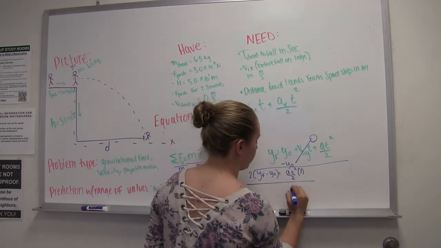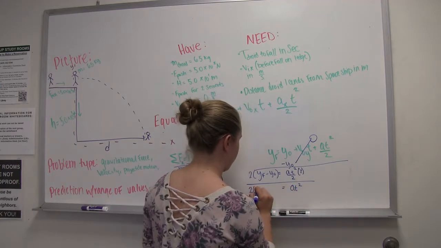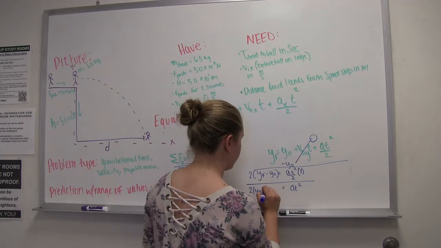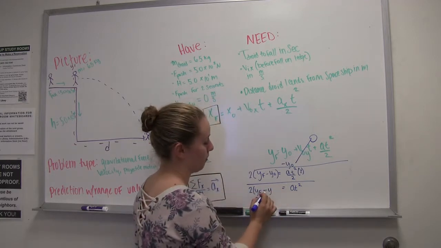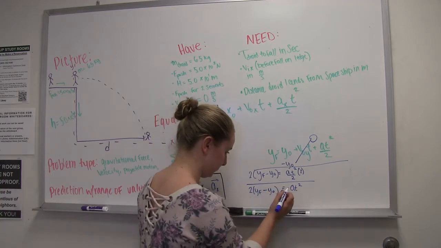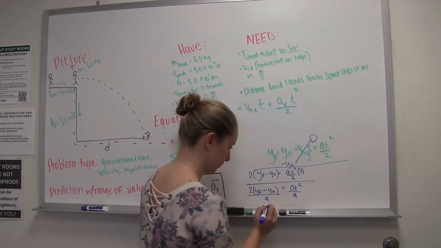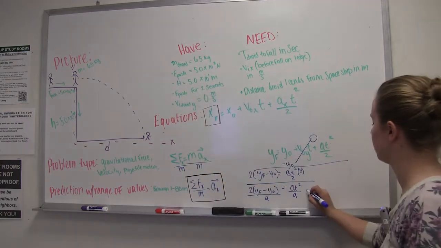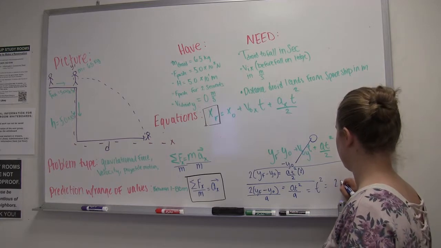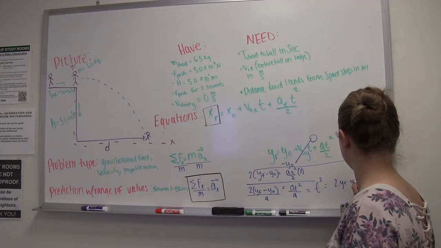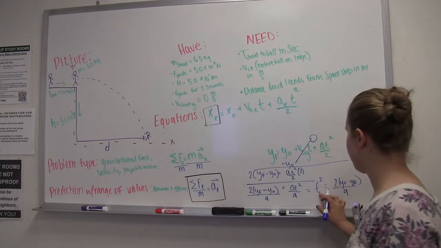The next thing we have is at squared left, 2 times the final position in the y minus the initial position in the y, divided by a. So now we're left with time squared equals 2 times y final minus y initial over a. Now this is super easy.